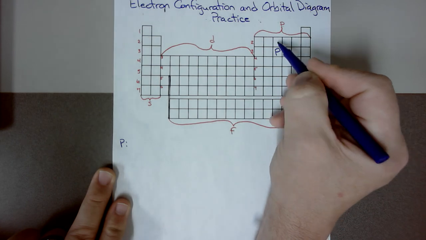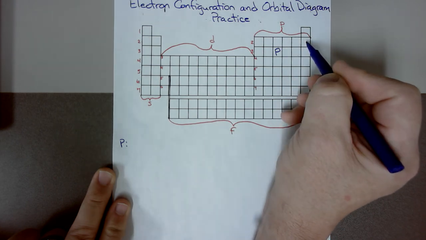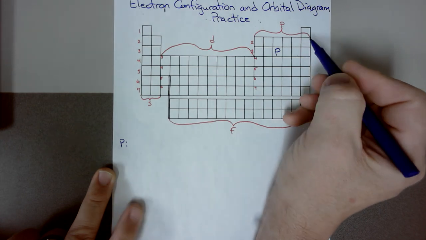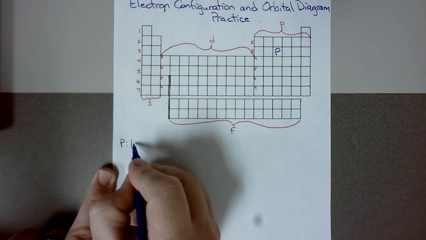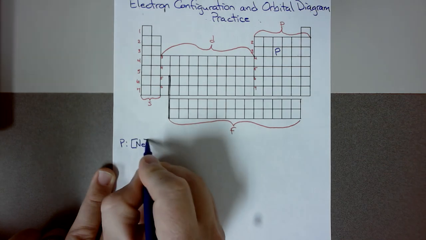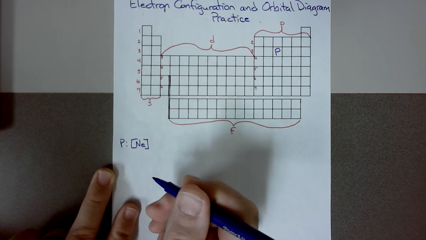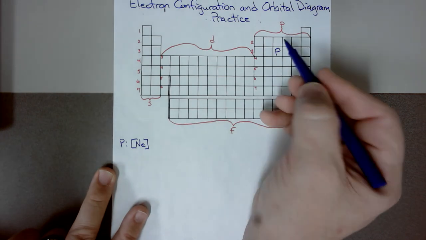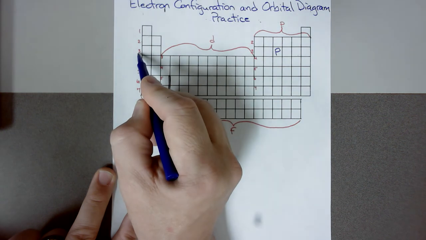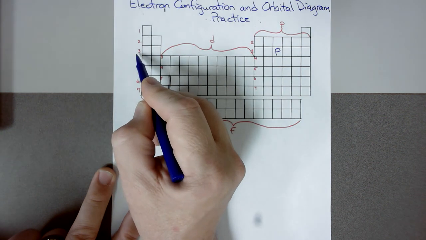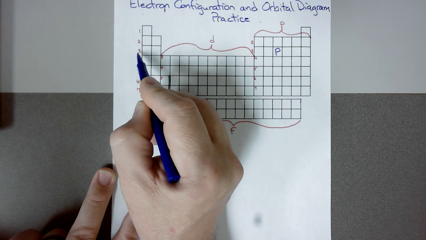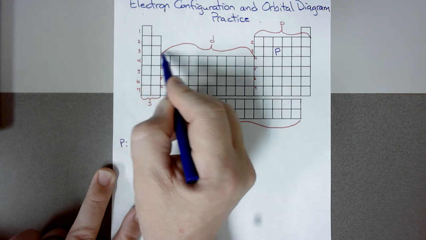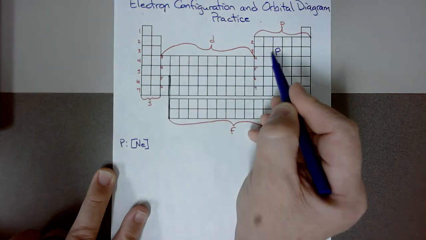So I can go up and over and use the noble gas right here, neon, to indicate that the first 10 electrons are in filled energy levels. So I can go neon, this is called the noble gas notation for electron configuration. So I would do neon, and then I would start, and I'd have 3, and then using each block to count an electron, I'd have 3s, 1, 2, and then go over 3p, 1, 2, 3.